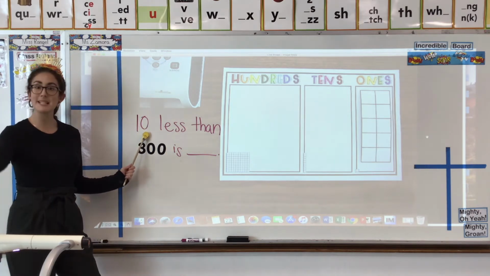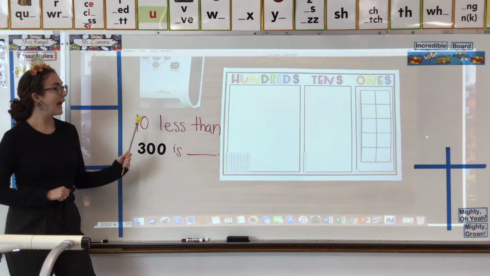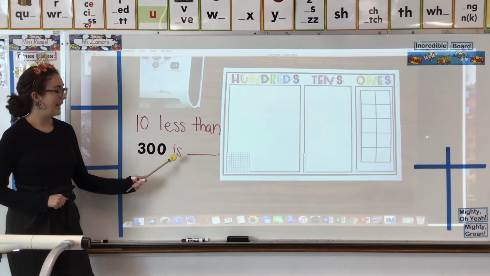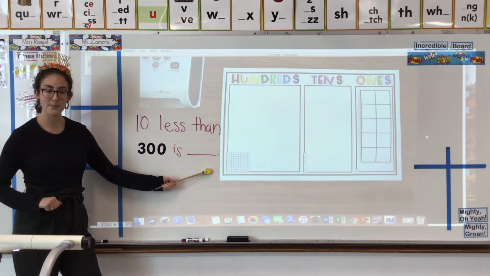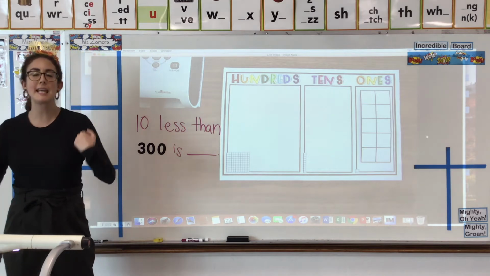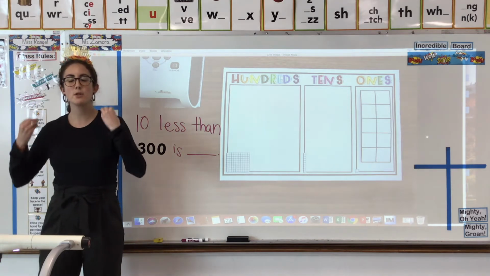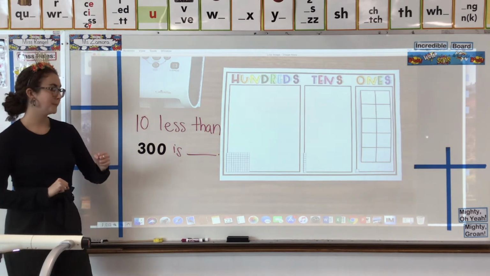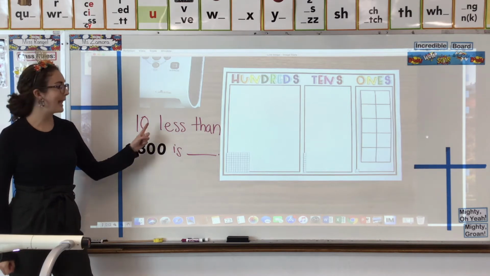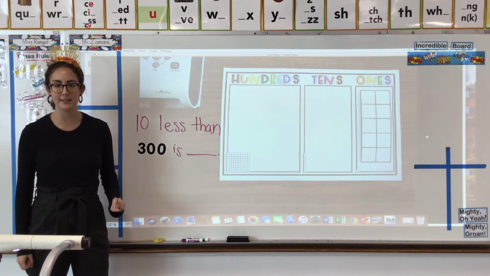Can you read it with me, second grade? It says, 10 less than 300 is blank. So, based off this number sentence, what are we taking away? What are we going to subtract? How much? A 10. We're only taking away 10 less than.